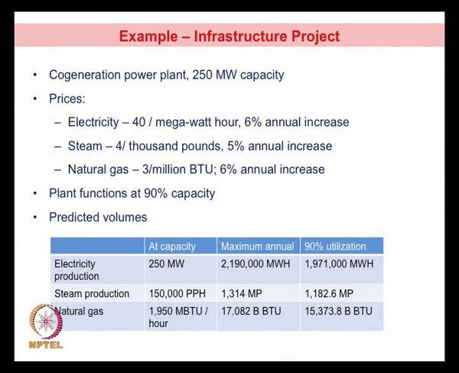And then the plant needs natural gas as fuel, and there is a fuel supply agreement which indicates that the cost of the fuel would be 3 per million British thermal unit and increasing at a rate of 6% annually.